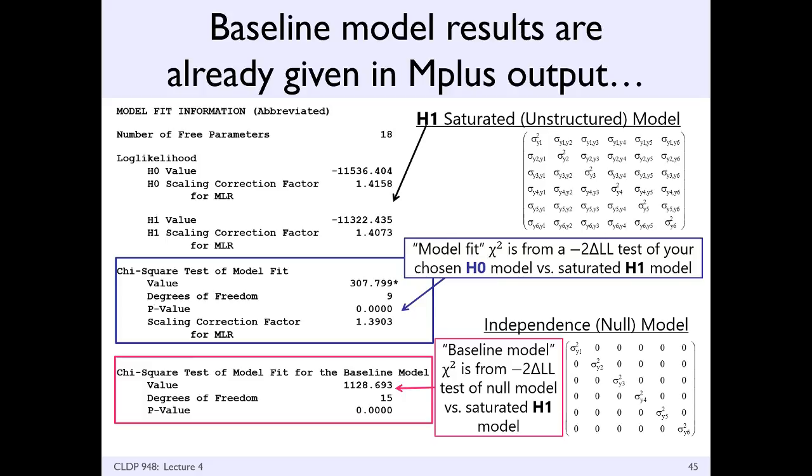It means the number of parameters you used, number of things estimated. In the example that we're working with, we have 6 items. So 18 comes from 6 intercepts, 6 error variances, and 6 loadings. So number of items times 3, if you have a single factor model, is the number of parameters being estimated.